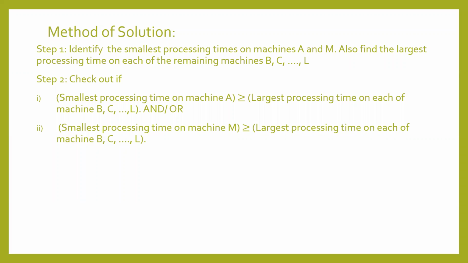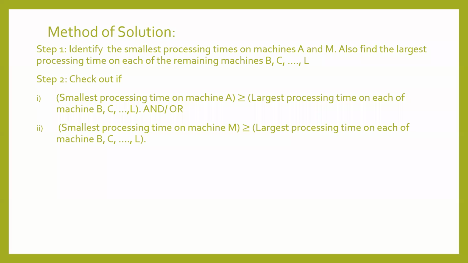In this case, we look at the last machine. If the smallest processing time on the last machine, machine number M, is greater than the largest processing time on each of the machines B, C up to L, meaning the machines in between other than the first machine, then we say it satisfies the condition.